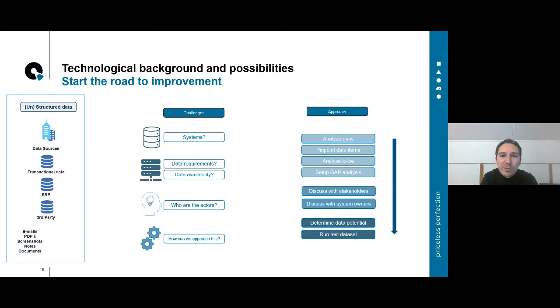The most common hurdles identified are that people don't have a clear view on what systems are in use, what data is required for the specific process that they're aiming at, what data is available from these systems, and who they need to involve to get the data in this process.